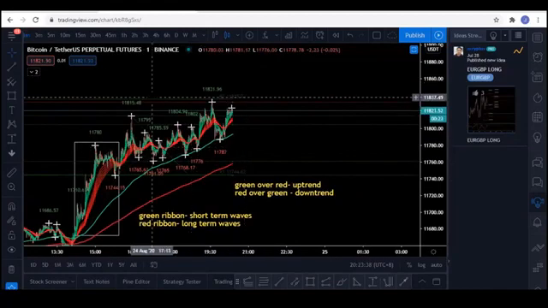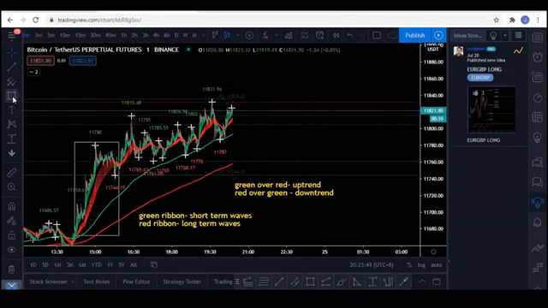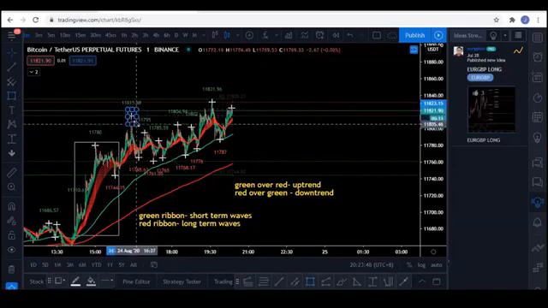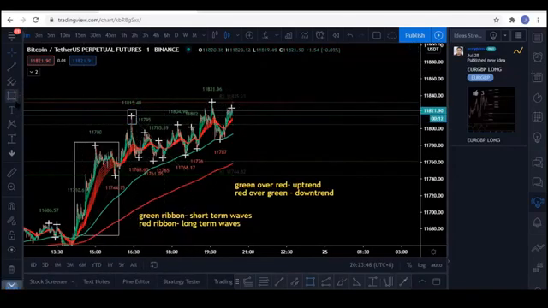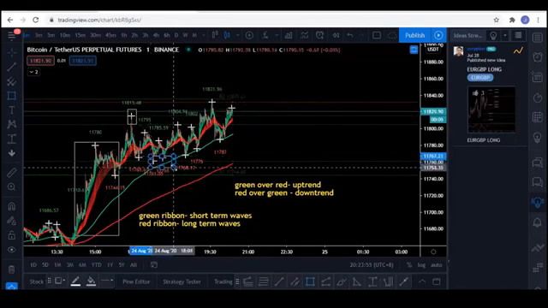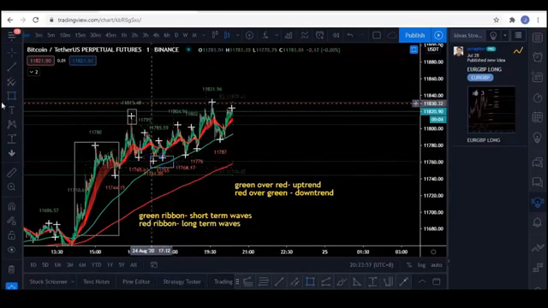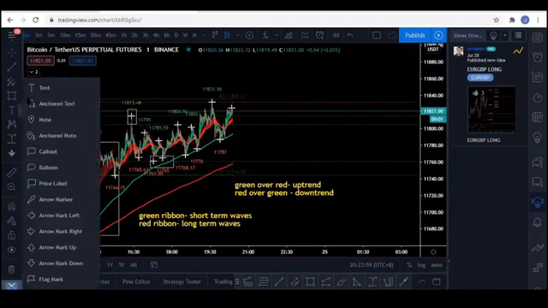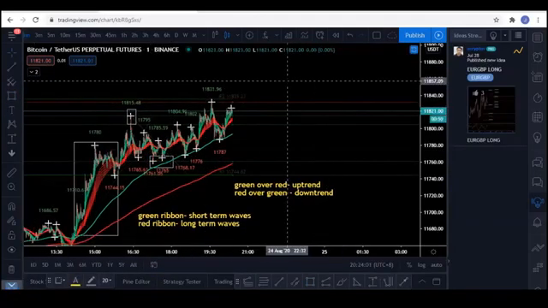What is this cross? If you can see, there is a cross in our script. The cross indicates the peak or bottom of our overbought and oversold area. Let's write it down so you can also take down notes.